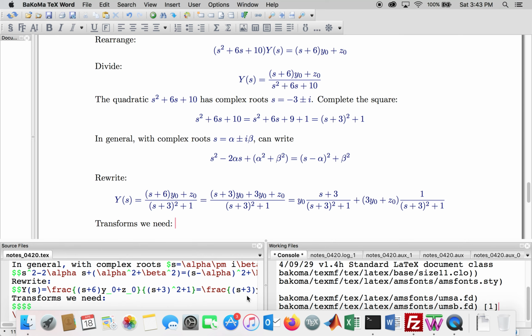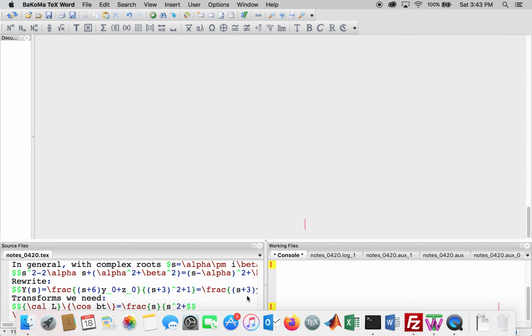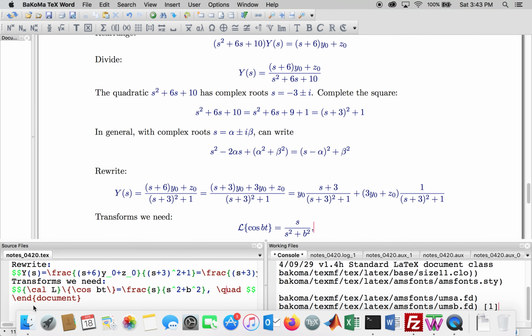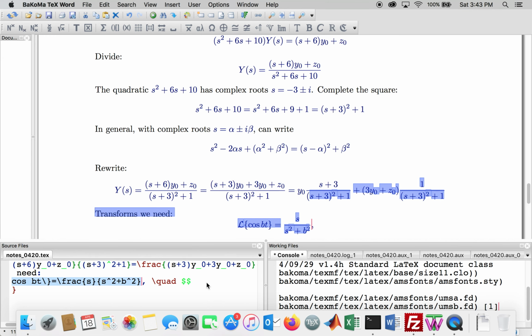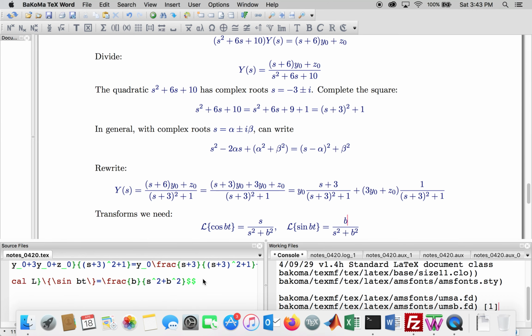So we need the transform of cosine bt, where b is a constant, that is equal to s over s squared plus b squared. Similarly, the transform of sine bt has a similar form, where we would have b over s squared plus b squared.